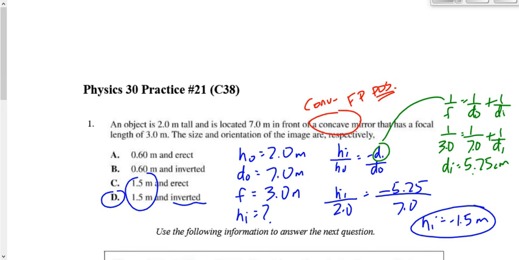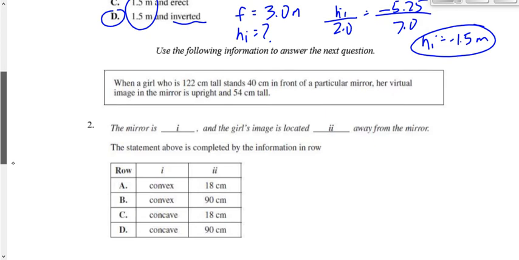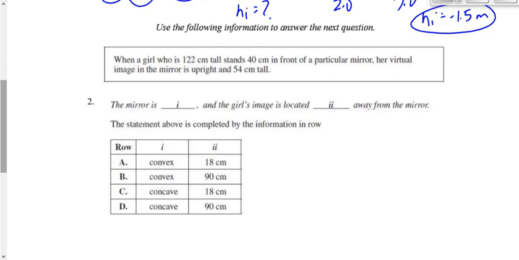All right, now, next question. There are 2 ways that we could actually solve the next question. It says when a girl who is 122 centimeters tall stands in front of a mirror, we don't know what kind of mirror, her virtual image in the mirror is upright and 54 centimeters tall. Her virtual image. I don't know that that's going to be important to me, but I'm going to identify that would be a negative DI just in case that ends up being important later on.